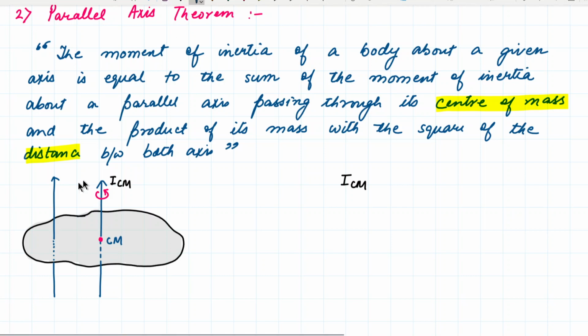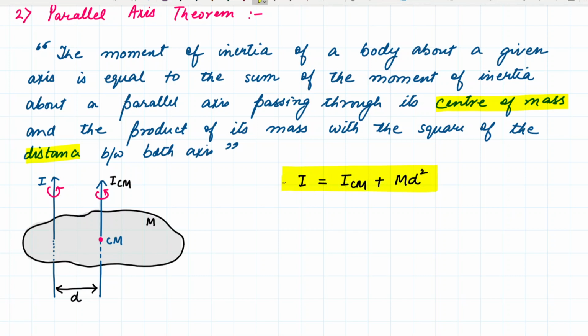So let's suppose this is I, and you can calculate its moment of inertia with respect to rotation about this axis by saying that I is simply equal to ICM plus mass of the entire body, mass, and the perpendicular distance between these two axes, let's suppose D. That's it.